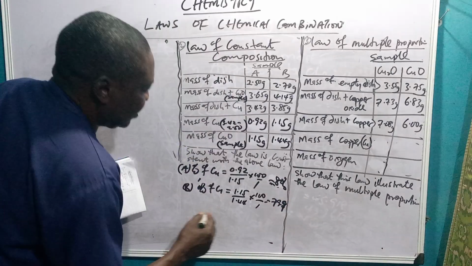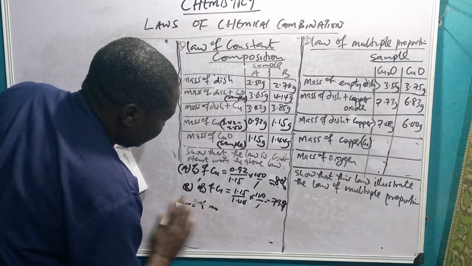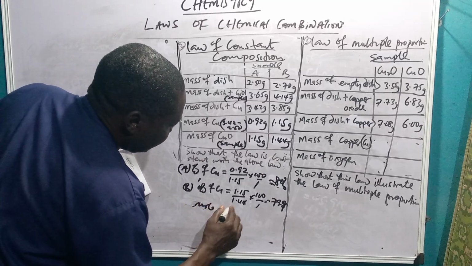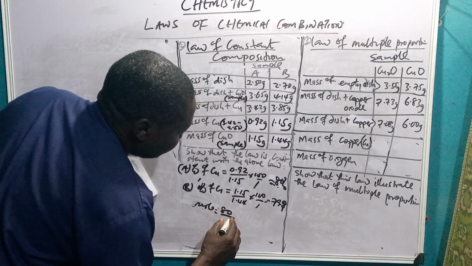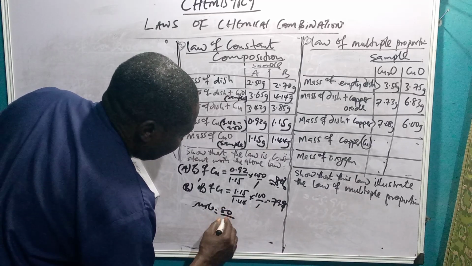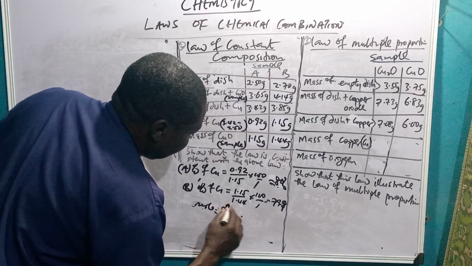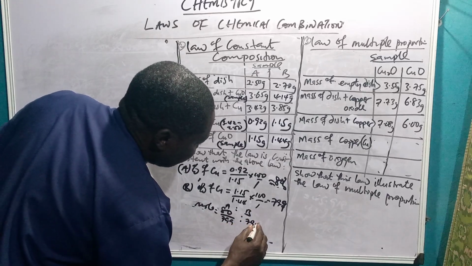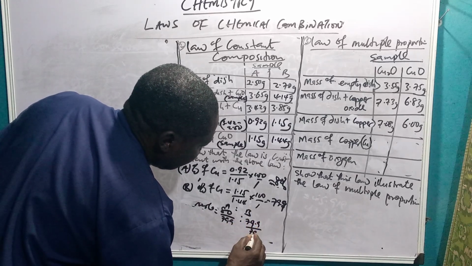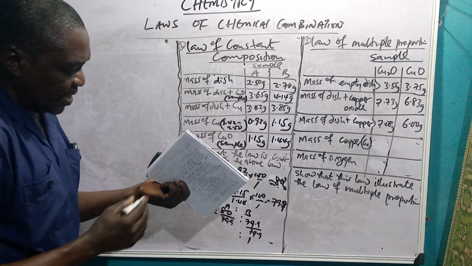So let's divide by the smallest, the number of moles, or just say moles, divide by the smallest. That is 80 over 79.9, ratio of sample A to sample B, 79.9 over 79.9. Automatically this one is 1, as it's dividing itself.